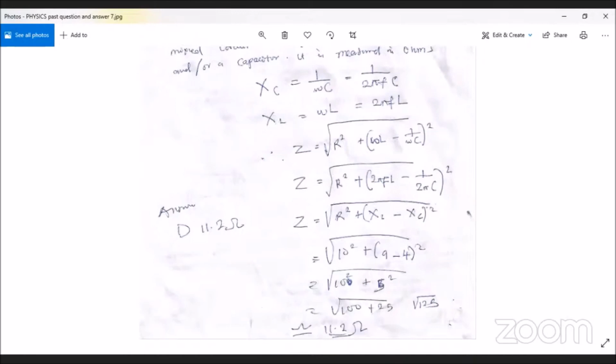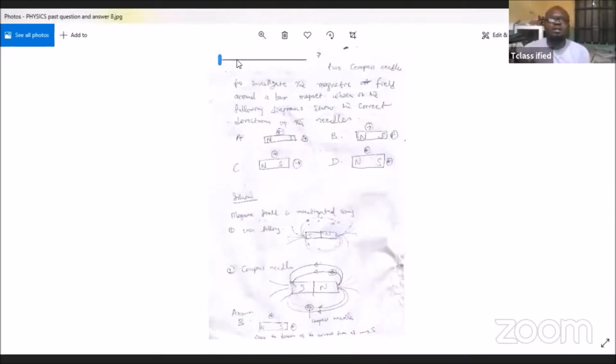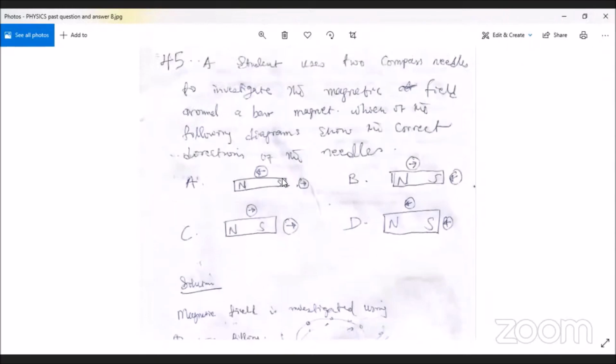Okay. So let me know when you can see 45. I can see it.